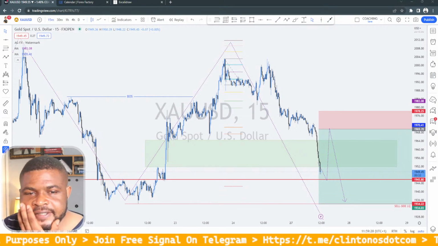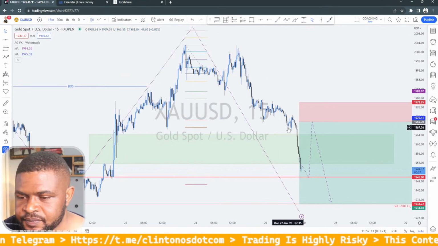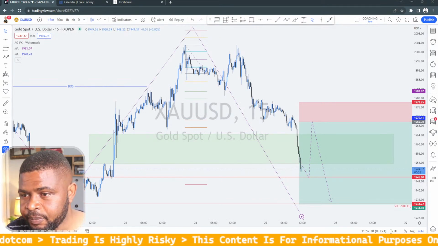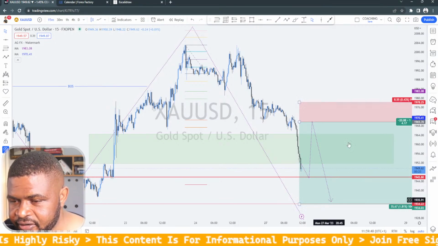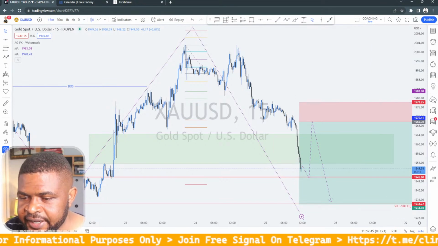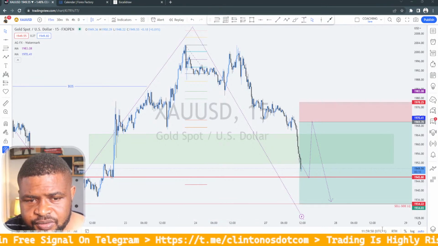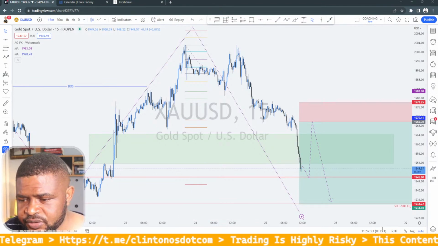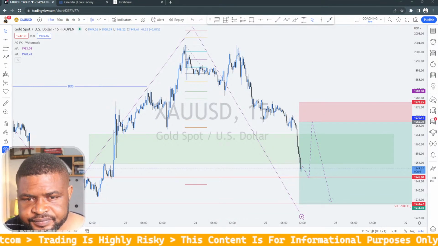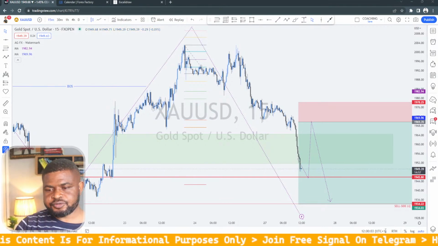How do you send the charts? All right, let me see. Are you on TradingView? Are you using TradingView? You can just copy the link like this and then put it in the chat. I'm sure that will work. Right, just copy the link, put it in chat. Are you using TradingView?